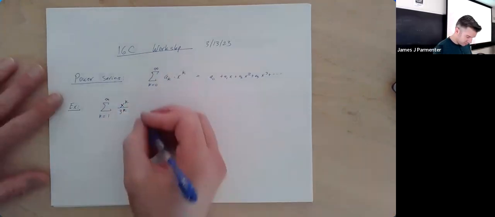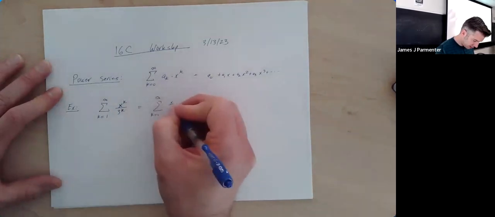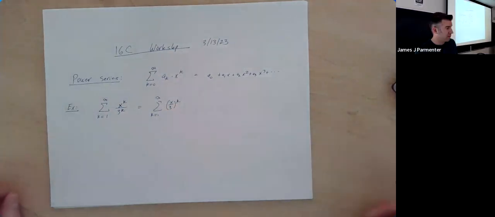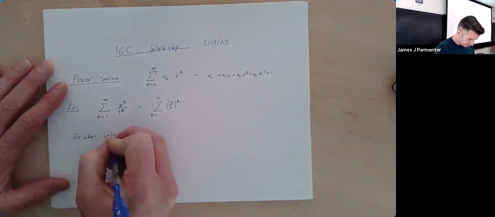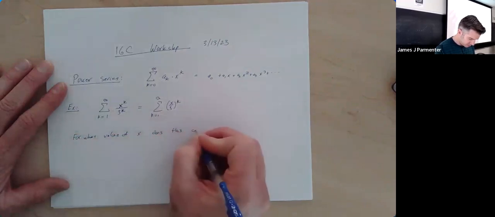Or someone might prefer to write the sum from k equals 1 to infinity of (x over 3) to the k. We could totally figure out for what values of x this converges.